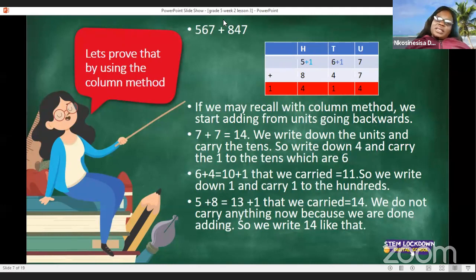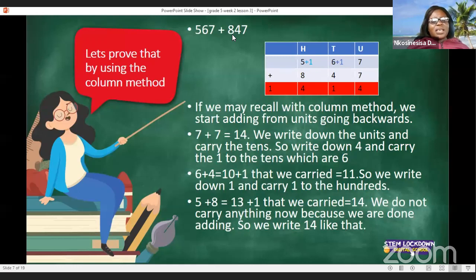It's still the same numbers that we did on rounding off and compensation: 567 plus 847. So we put it in a place value table. In 567, 7 is units, 6 is hundreds, 5 is tens. Same applies here: 7 is units, 4 is tens, and 8 is hundreds.